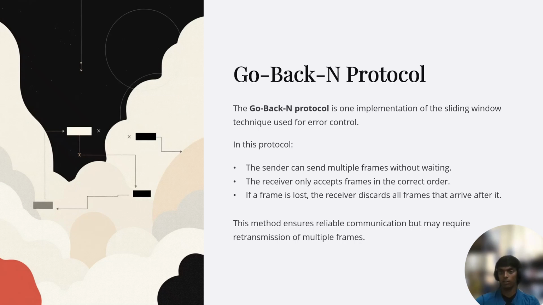However, the receiver only accepts frames in the correct order. In clear words, if a frame is lost during transmission, the receiver discards all frames that arrive after the missing frame. This ensures the frames are processed in the correct sequence, but it may require retransmission of several frames.